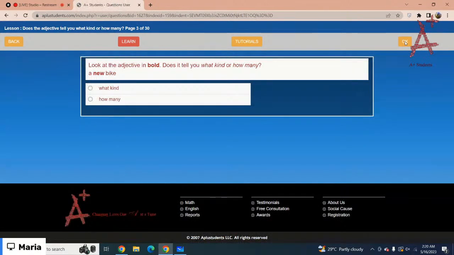Look at the adjective in bold. Does it tell you how many or what kind? A new bike. So which is the correct option? What kind or how many?